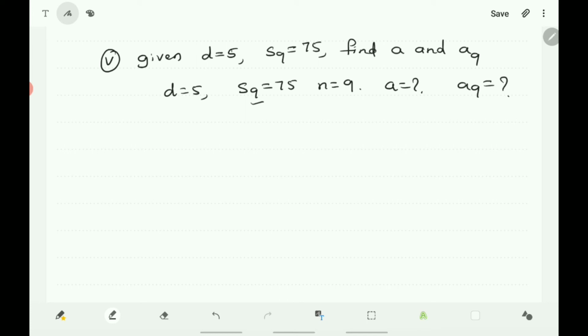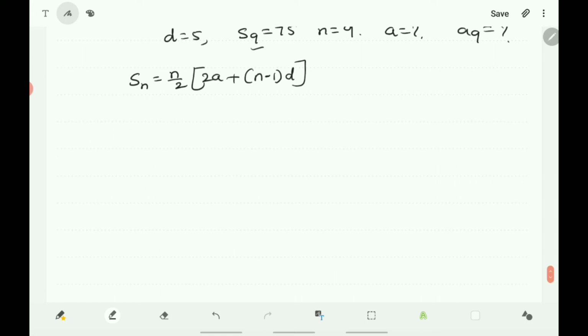Then use the formula Sn is equal to n by 2 into 2a plus n minus 1 into d.